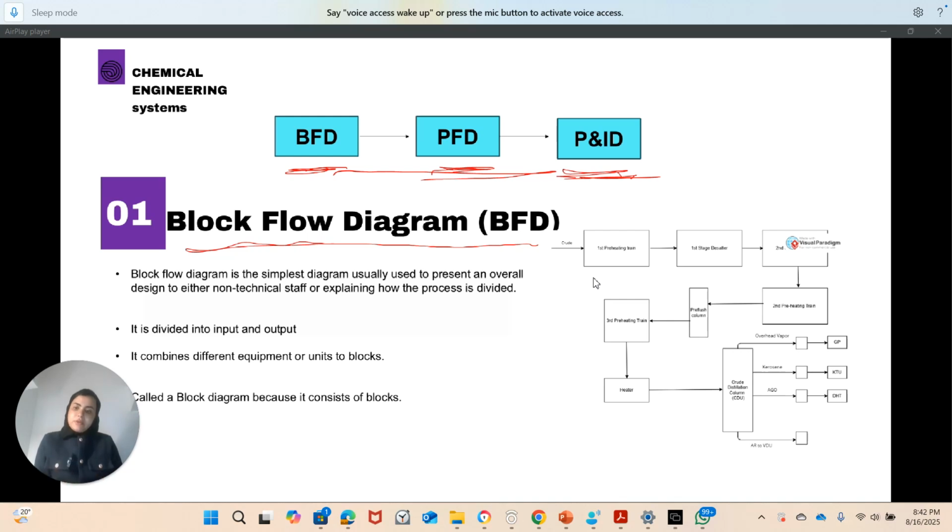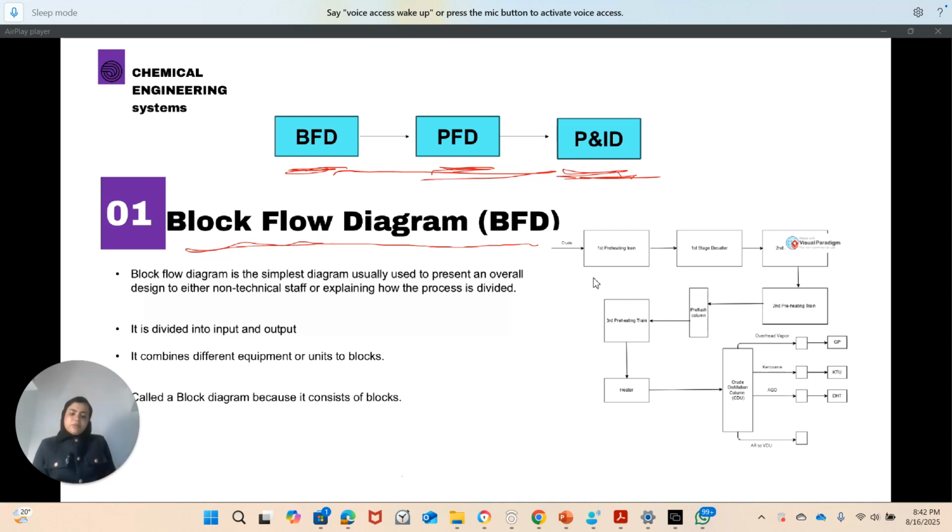Let's say, for example, you are employed in a refinery, then you will get a block flow diagram of all the units inside the refinery. For example, CDU, VDU, hydrocracking units, and how those units are connected together. Any unit which exists inside the refinery will be within the block flow diagram.